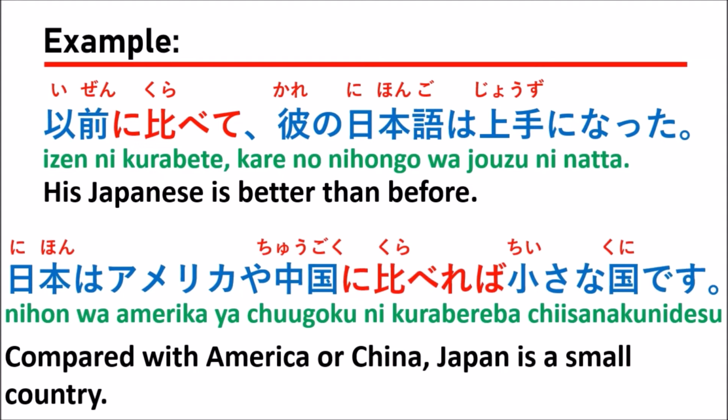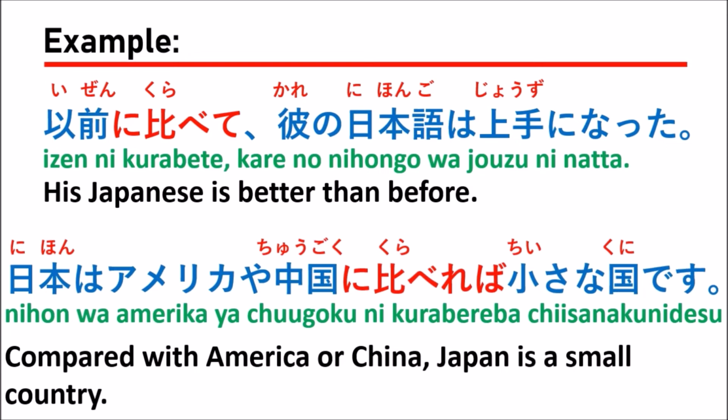You will see that for the first sentence, they just use kurabete. It means you just compare with, compare to. No "if". Ni kurabete means compared with before. Before means from now back to the time that you say this sentence.